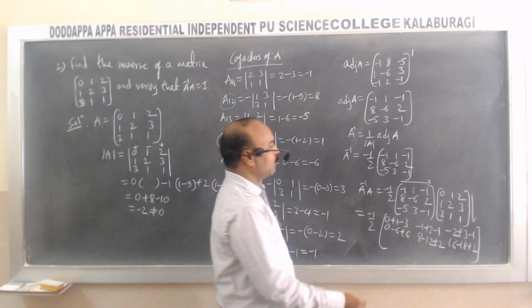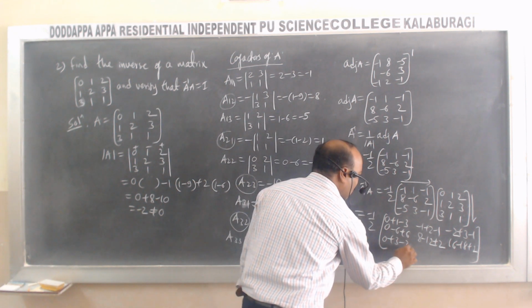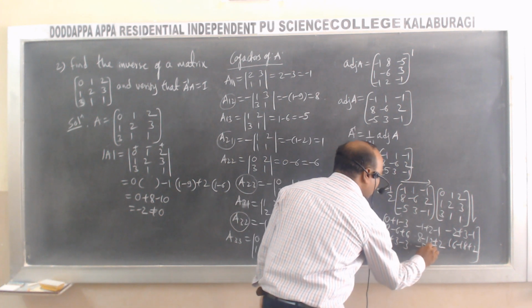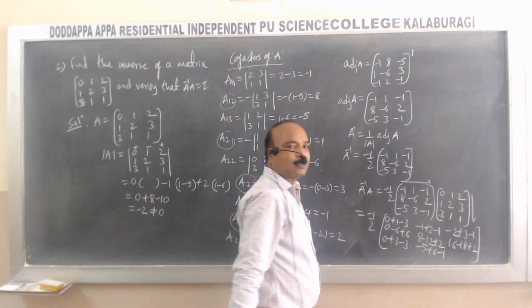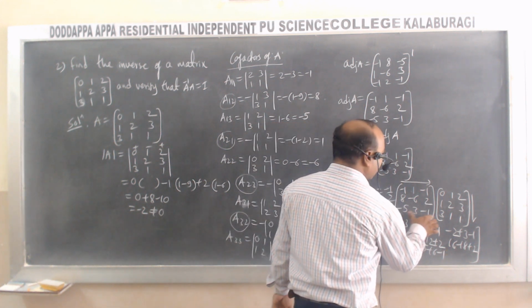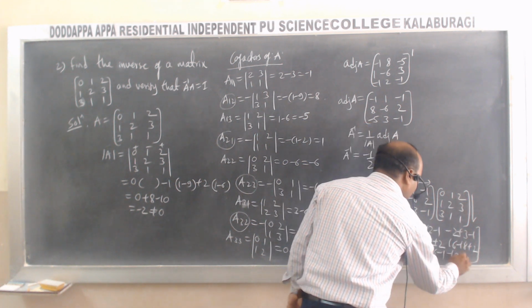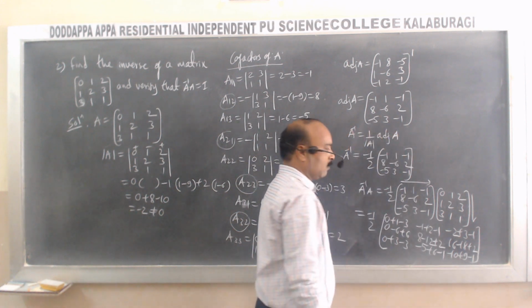Next third row, it is 0 plus 3 minus 3. Next minus 5 plus 6 minus 1. Next third column, it is minus 10 plus 9, it is minus 1.